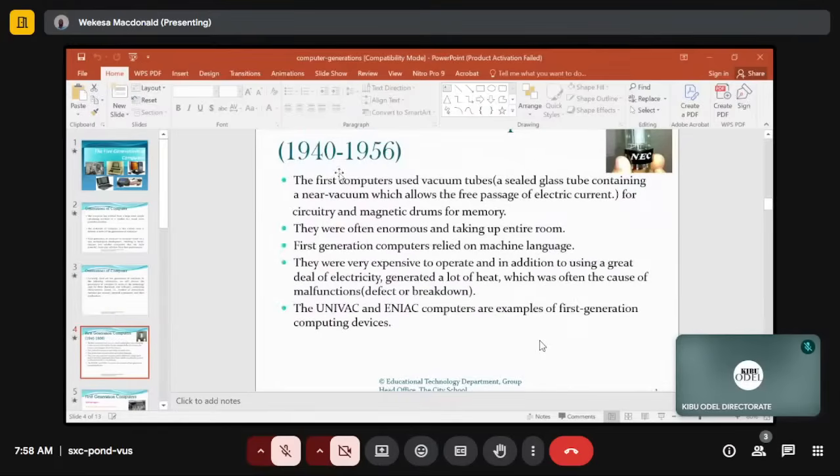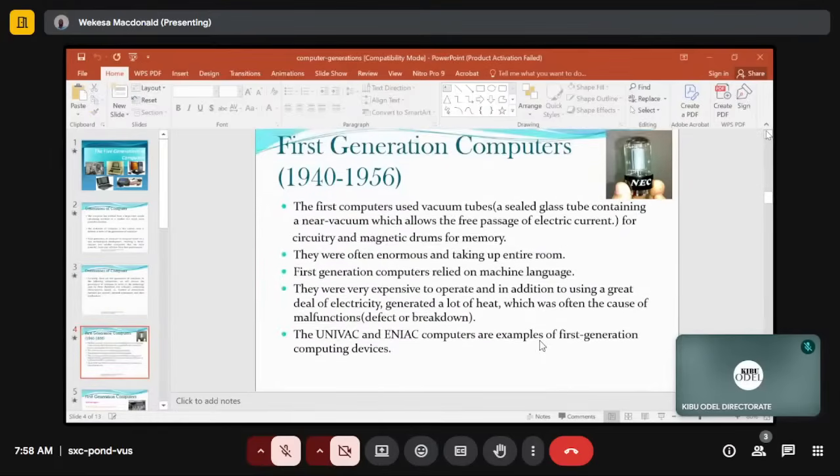We have the first generation. We said that they were using vacuum tubes. And you, a person at university, when someone asks you what a vacuum tube is, what will you tell them?